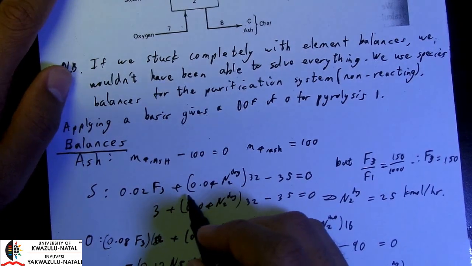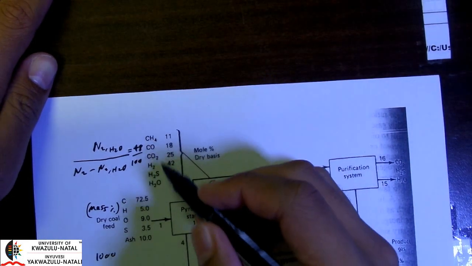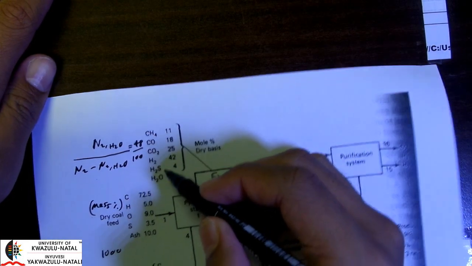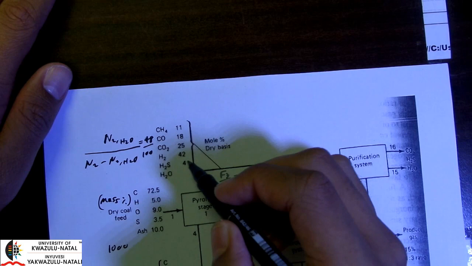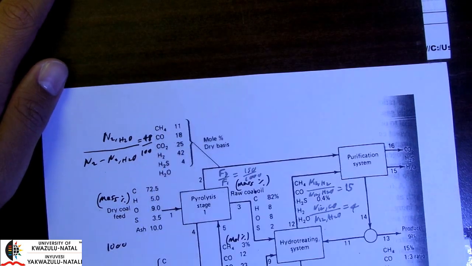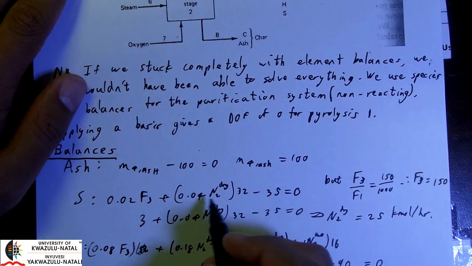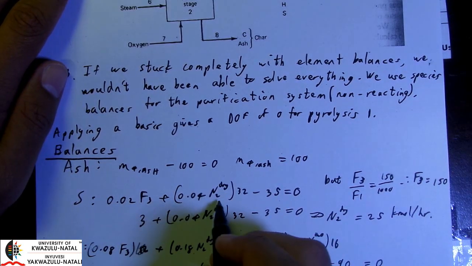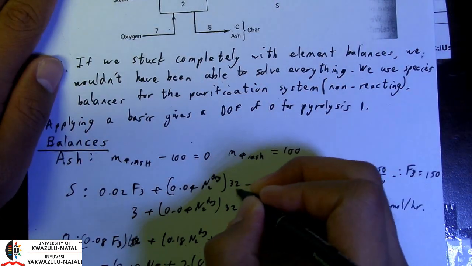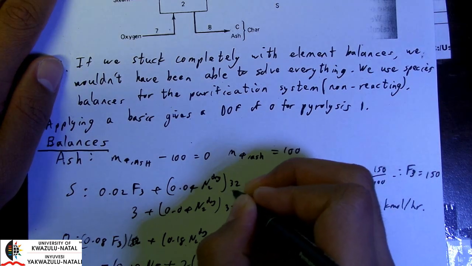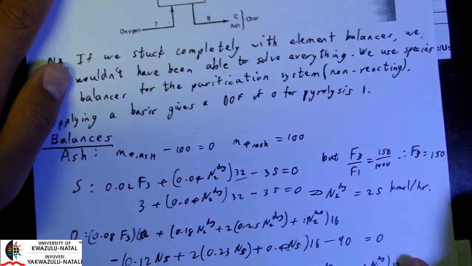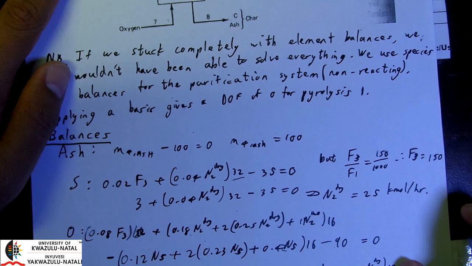And then we have sulfur coming out in stream 2 in the form of H2S, and 1 mole of sulfur in 1 mole of H2S, so that stays the same at 4%, multiplied by the dry molar flow rate, multiplied by the molar mass of sulfur to maintain our mass balance.